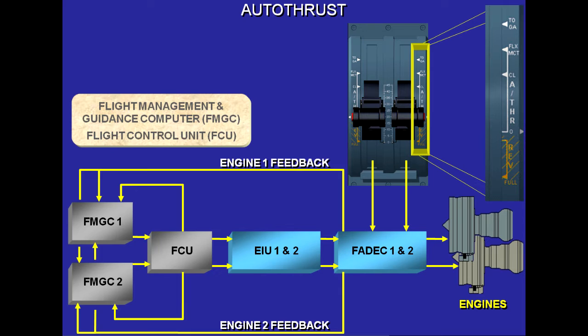To perform the autothrust functions, the FMGCs communicate with the Full Authority Digital Engine Control, FADEC, via the FCU and the EIUs.